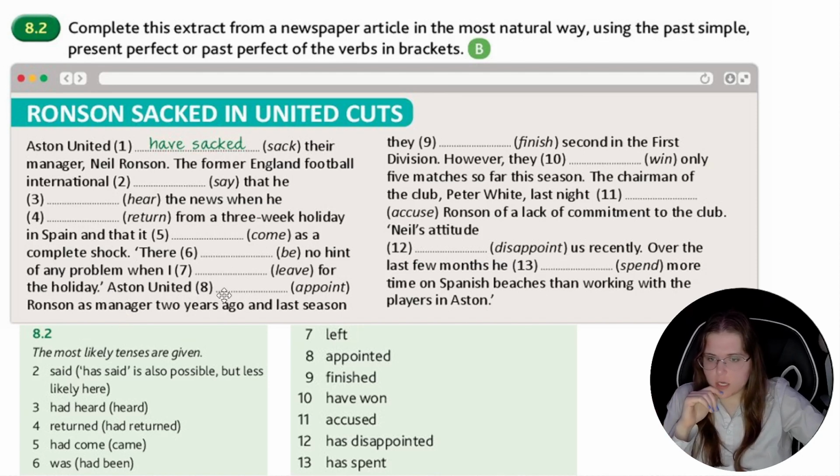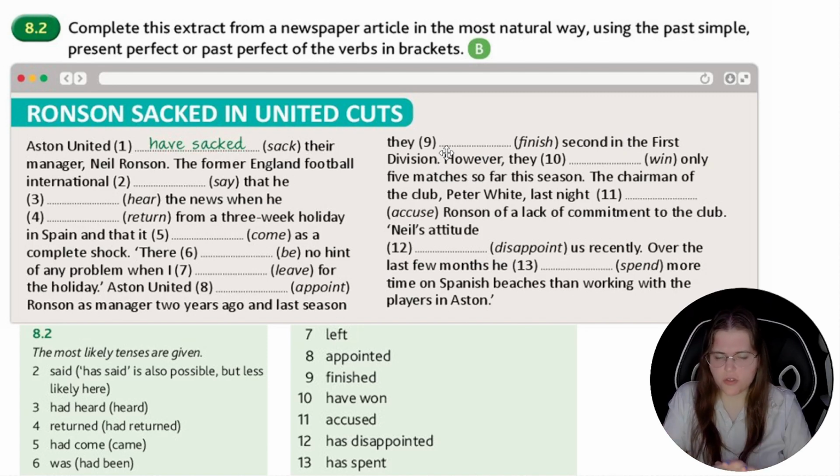Aston United appointed Ranson as manager 2 years ago, past simple, and last season they finished second in the first division, I think. Well, they finished second.